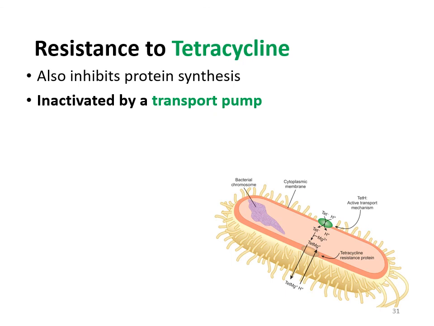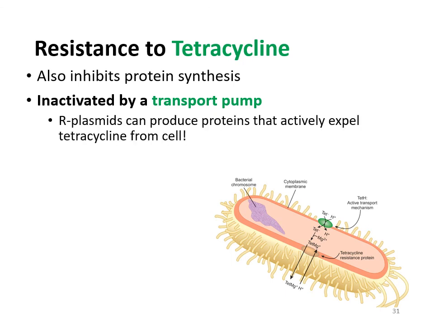As the tetracycline is brought into the cell, it then keeps pumping it out. And it's able to do that because it contains R plasmids, meaning resistance plasmids, with genes that produce special pumps or channels on their outer membranes. And so they can actively pump out the tetracycline so that that antibiotic never reaches a toxic level. Okay, it stays low in the bacteria and they don't get killed by it.